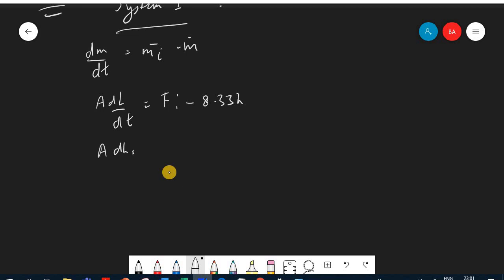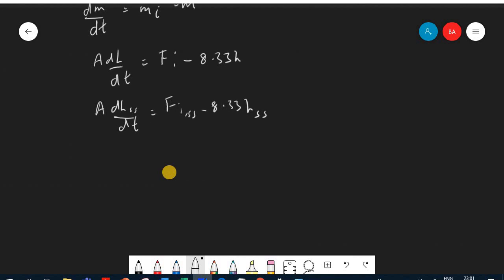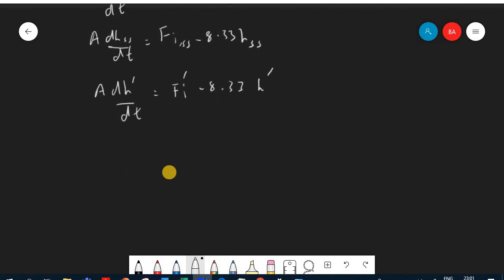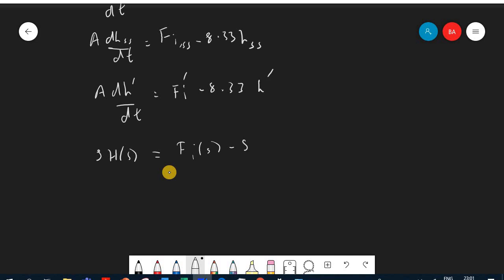So if you take the steady state, I'm going to do the normal way, the first methodology that I was mentioning. Here this will be directly dh prime by dt equal to Qi prime minus 8.33 times h prime, and doing my Laplace, I will have this appearing something like that.